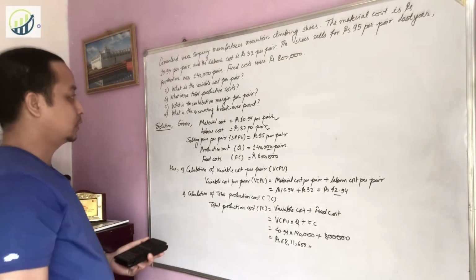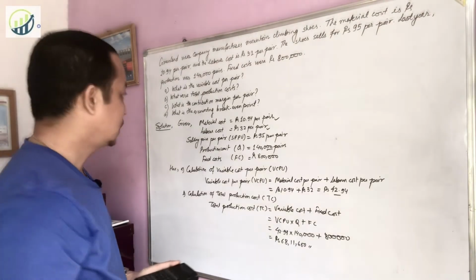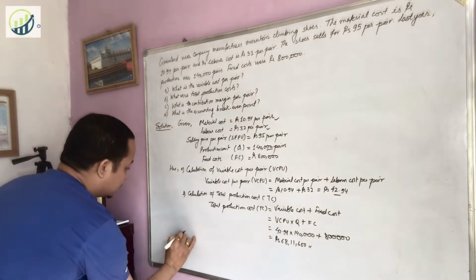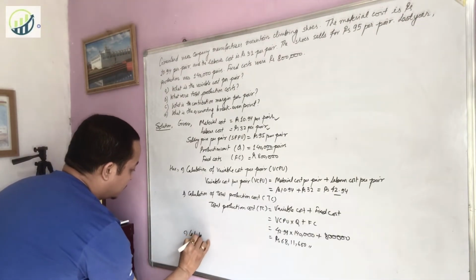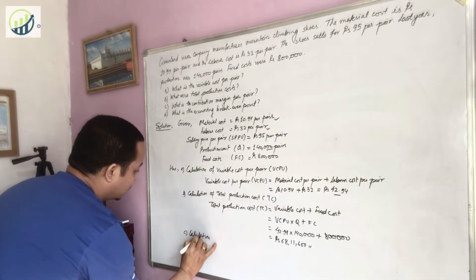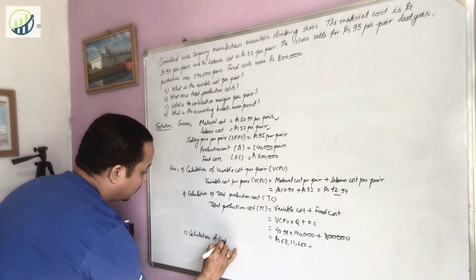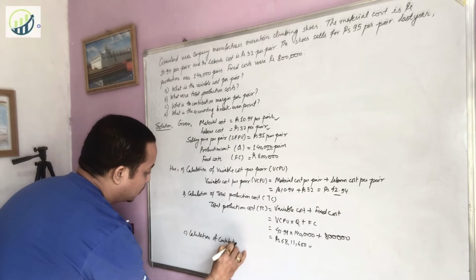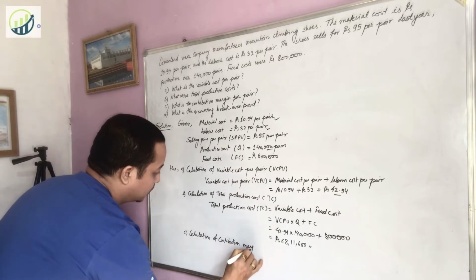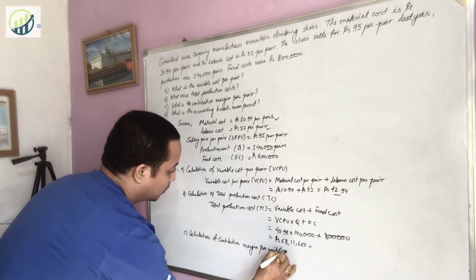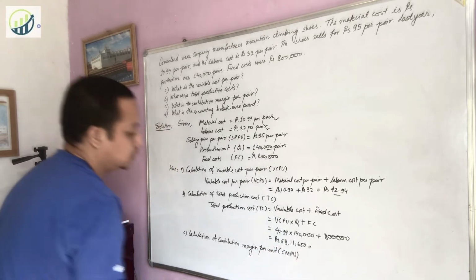Now after finding total production cost, now you have to find contribution margin per pair. So now see calculation of contribution margin per unit, CMPU.